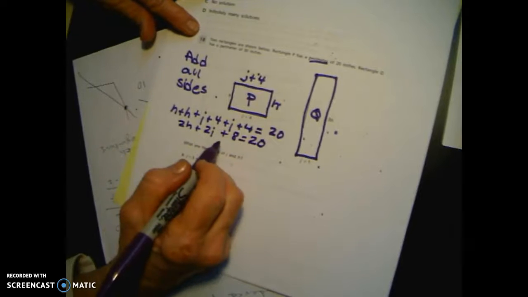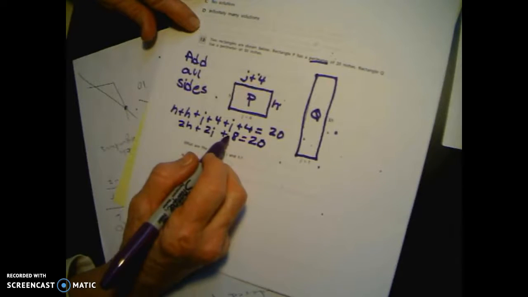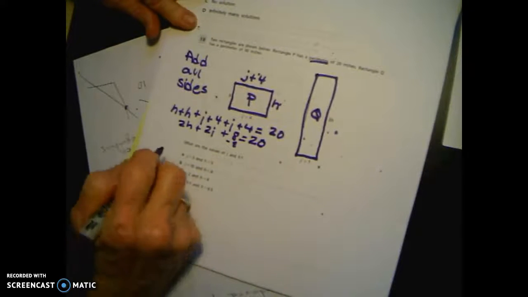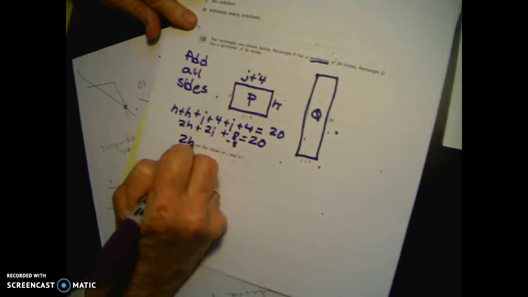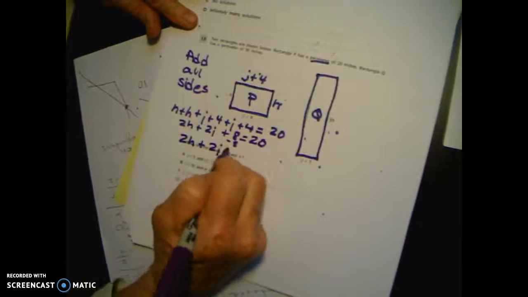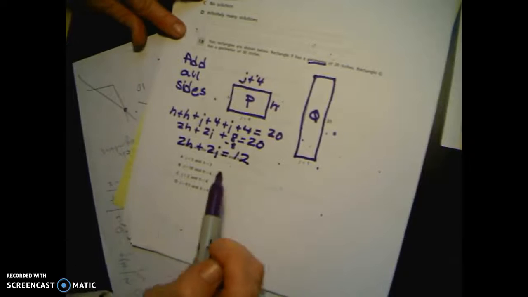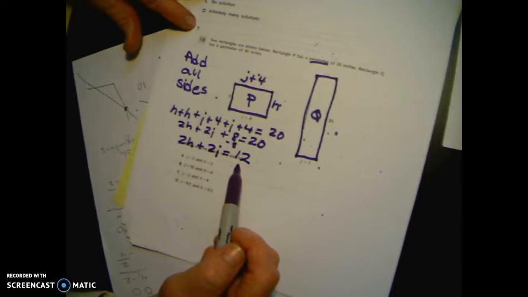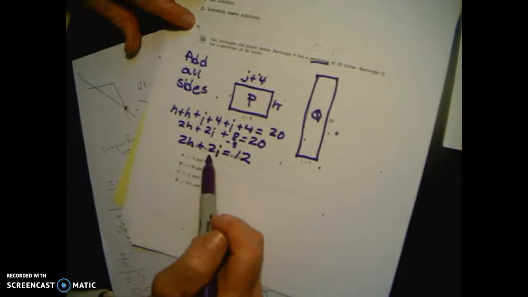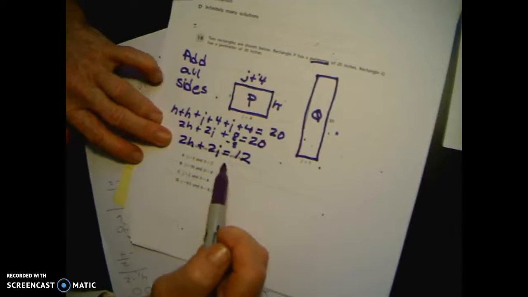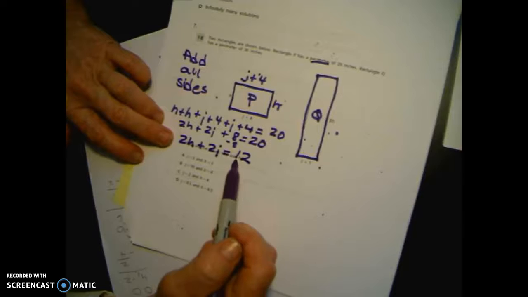I know that I can combine my like terms, and I'm going to move that 8 over by subtracting 8, and I am left with 2h plus 2j equals 12. Okay, so that doesn't help me too much because I need to know what both h and j are, but I have only one equation and two variables. In order to solve it, you need an equation for every variable that you have.